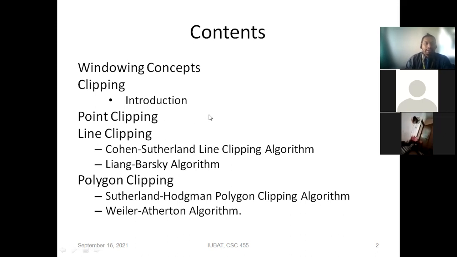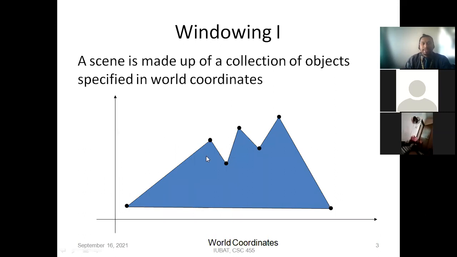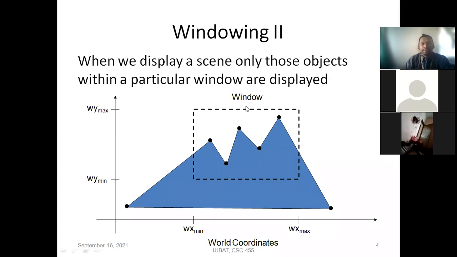Okay. And windowing: whenever we say window, we create it in the world coordinate space, with x and y coordinates. A cropping or clipping window must have a minimum and maximum value from your x coordinate, which means the range of its length, and in the height in the y coordinate, it has y minimum and y maximum.